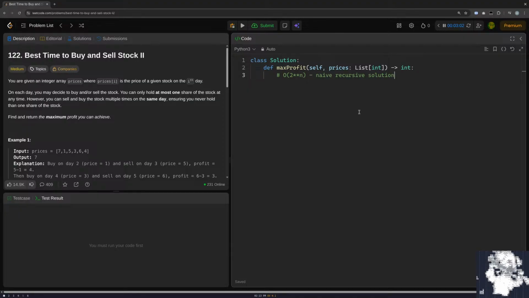Yeah, so I think we can do better than this, which is basically the try every single possibility solution. I think we can do better than that.